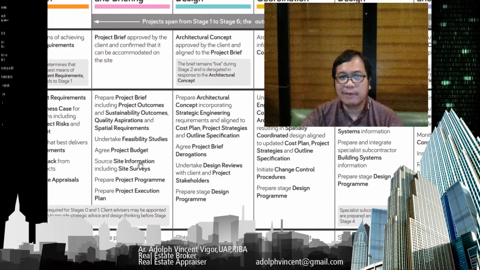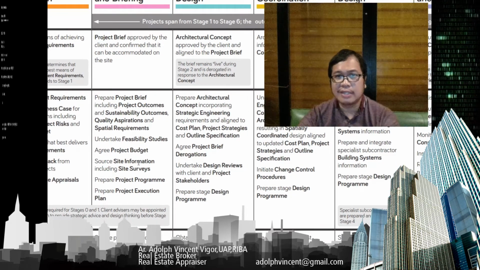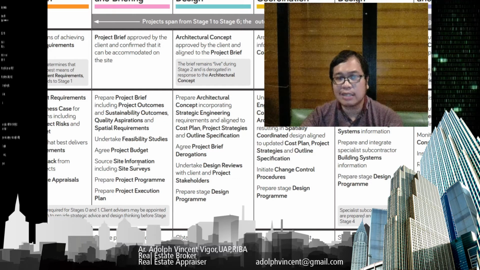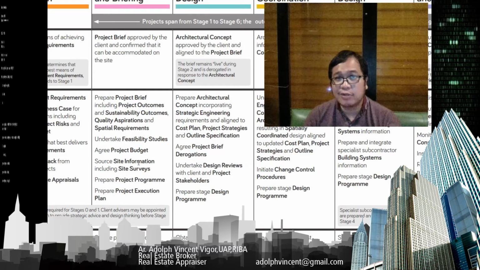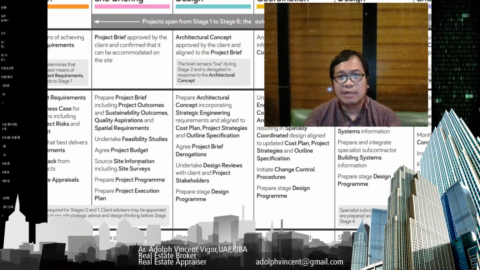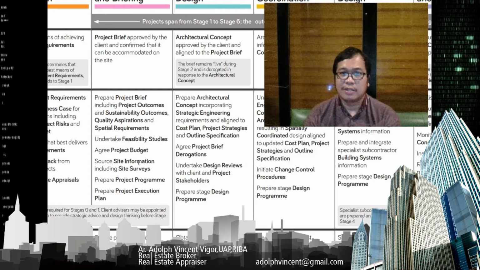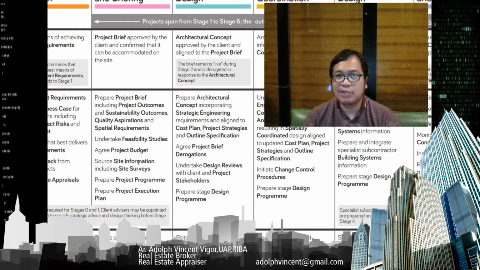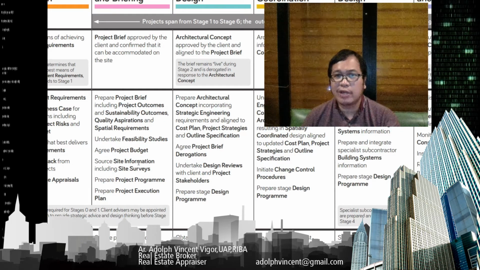The project budget at this stage, class, is still not quite detailed, but it's already a good ballpark figure of the probable cost. As you go to the next stages, it will be more and more defined.